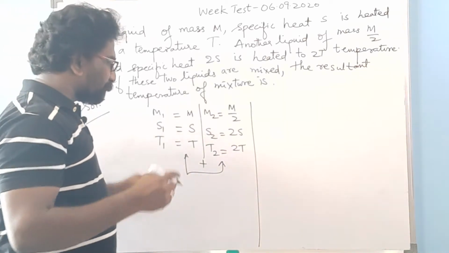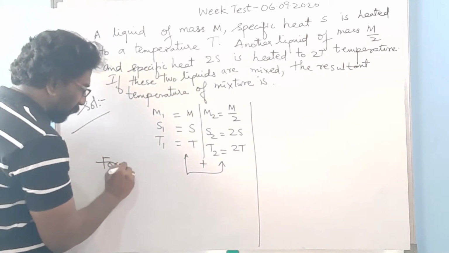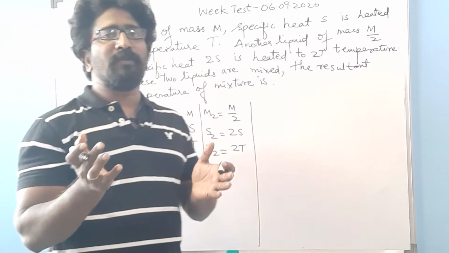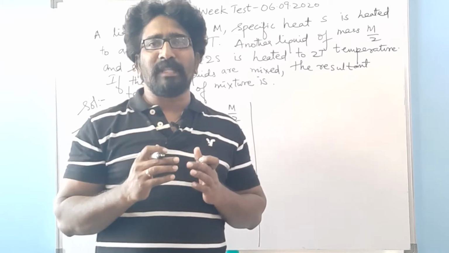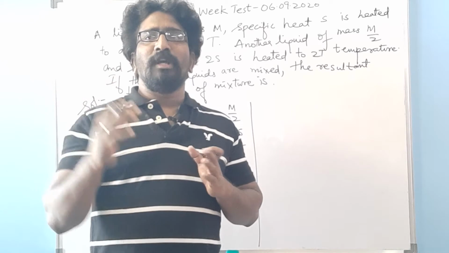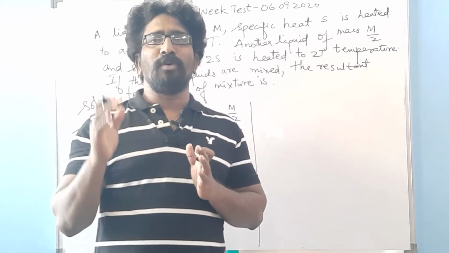So see now, what will be the formula? We have studied that the temperature of the mixture, theta mix, will be equal to m1 s1 theta 1 plus m2 s2 theta 2 plus so on up to n, divided by m1 s1 plus m2 s2 plus so on up to n.